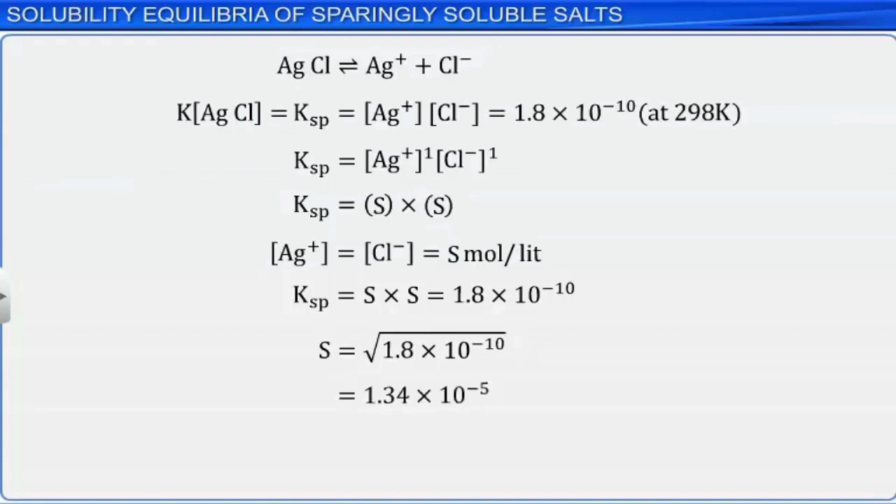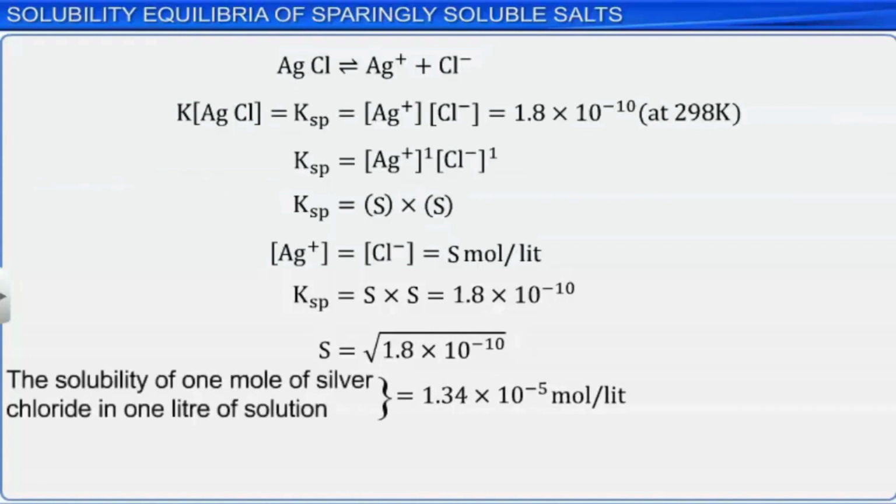This is equal to 1.34 multiplied by 10 to the power of minus 5 moles per liter. Thus, the solubility of silver chloride in 1 liter of solution is equal to 1.34 multiplied by 10 to the power of minus 5 moles per liter.